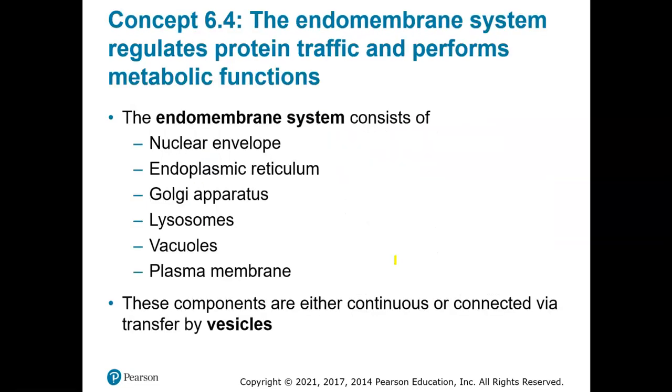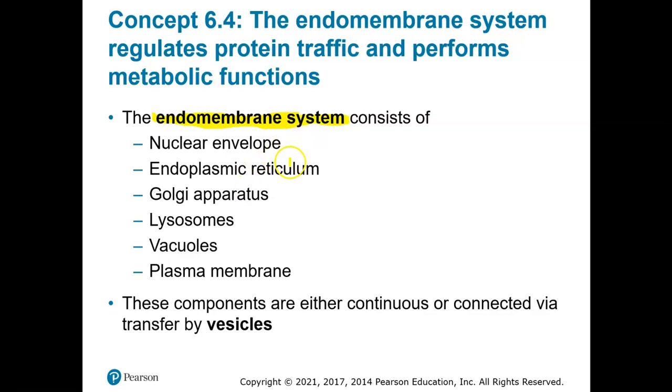All right, now we're going to talk about the endomembrane system. You may have heard of a cell referred to as a factory. Every cell is going to make some kind of products, products that it uses within the cell itself or products that it sends out to be sent somewhere else in the body.